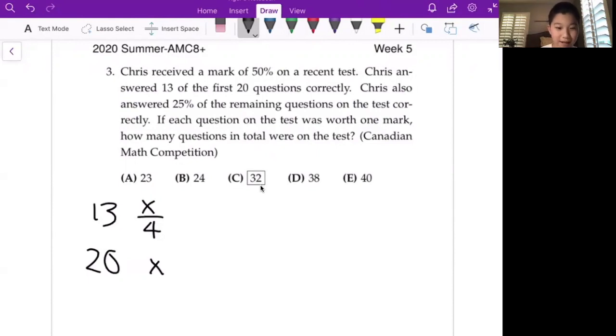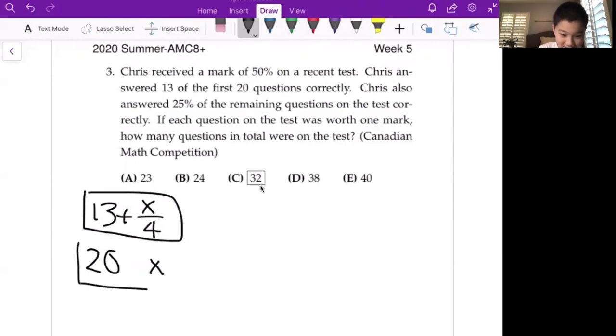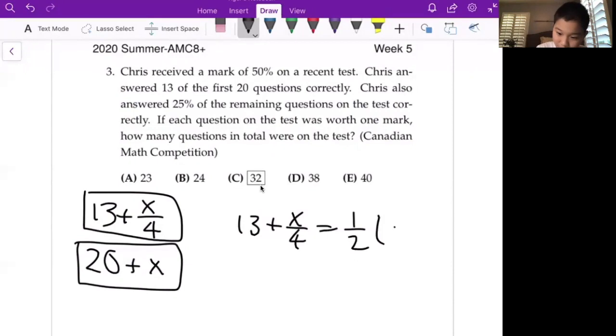So we know that he answered half of the questions right. So this is the number of questions he answered, and this is the total number of questions. So we know that 13 plus x over 4 is half of 20 plus x.